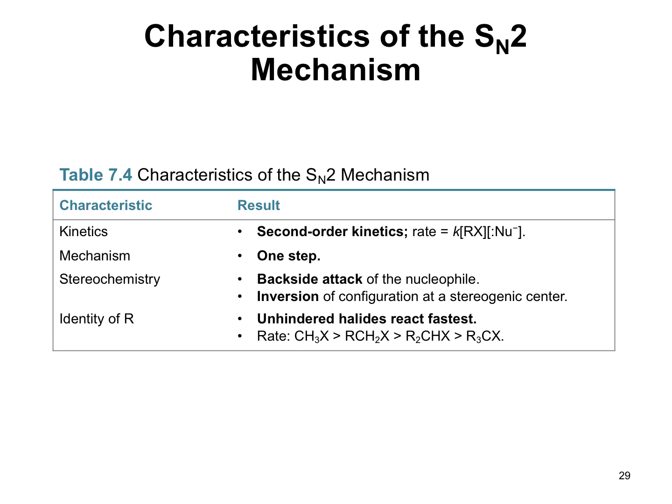The stereochemistry, the mechanism occurs through this backside attack, which results in an inversion of the configuration at the center, which means if we start with R, then we're going to end up with S. And then when we talk about the identity of R, what we find is that steric hindrance matters. So unhindered halides react faster.